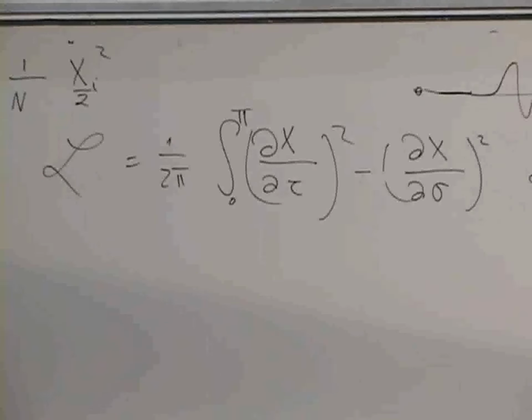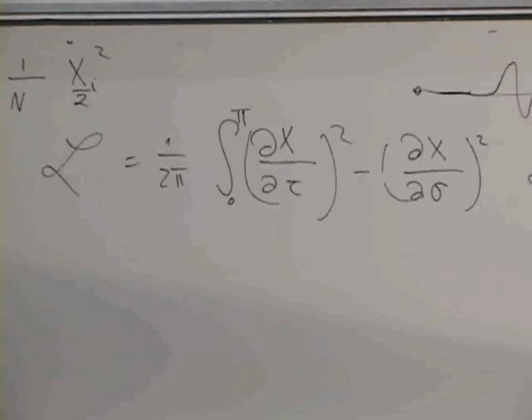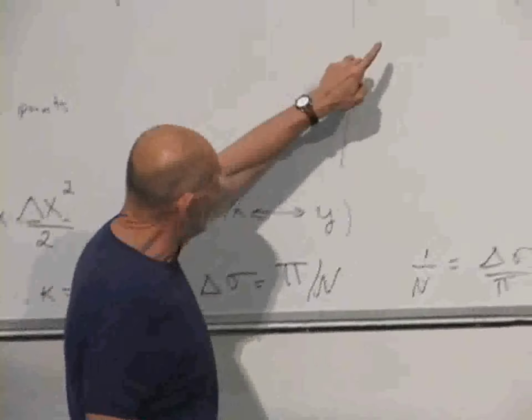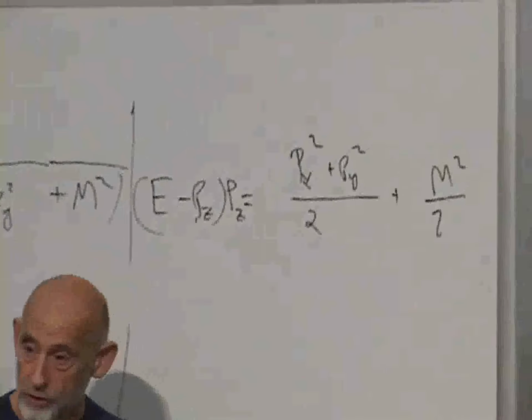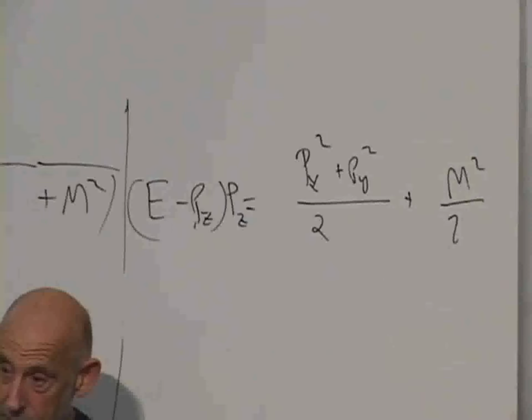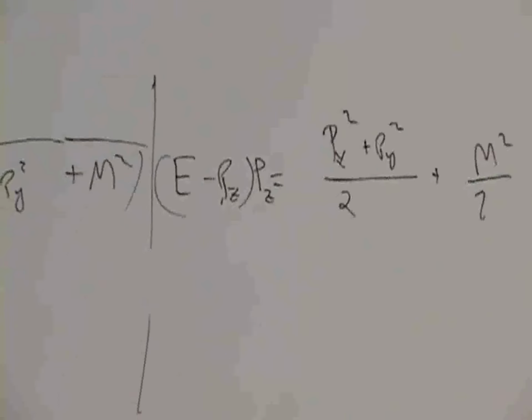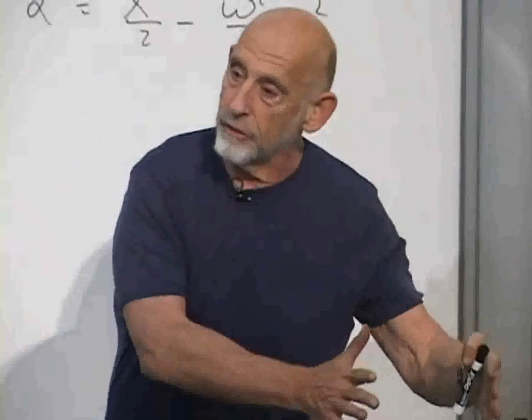What was tau? Tau is time. Okay, I'll tell you exactly what tau is. Remember that we had to rescale the time because of the slowing down of clocks. Tau is really proper time. It's the time of a clock that's moving with our system.